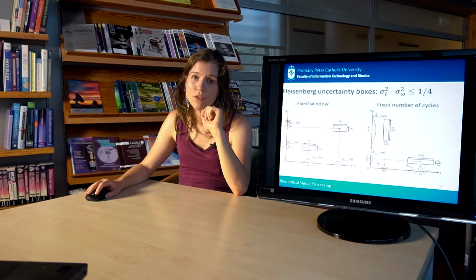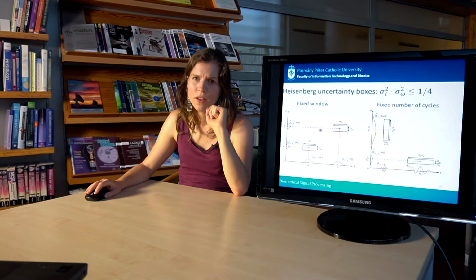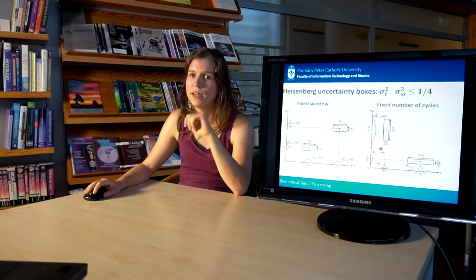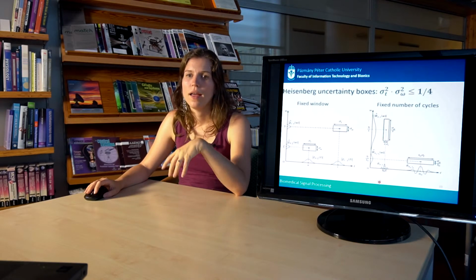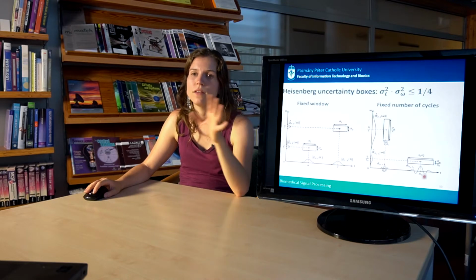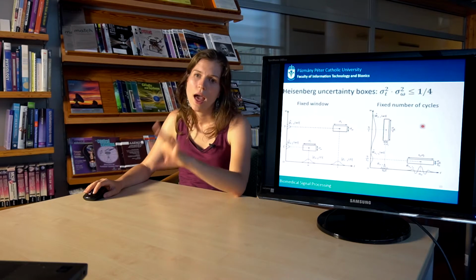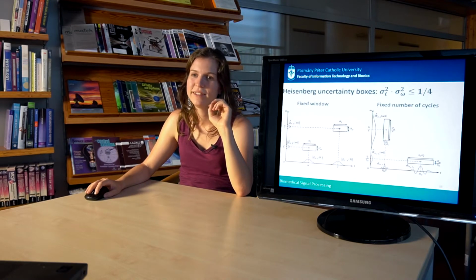So if you have a good frequency resolution, then you will have a bad time resolution, and the other way around: here you can see you have a bad frequency resolution, but a really good time resolution. And looking at the previous slides, you can see how these boxes correspond to a fixed window and to a fixed number of cycles.